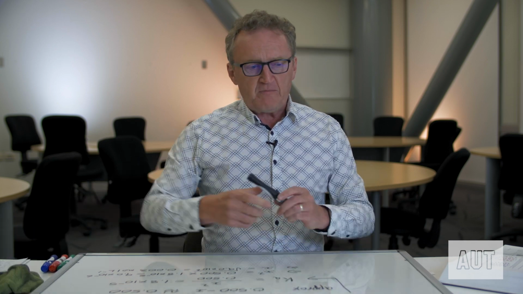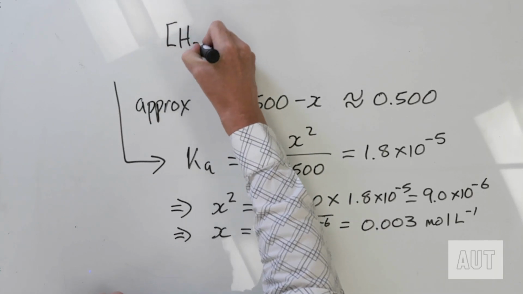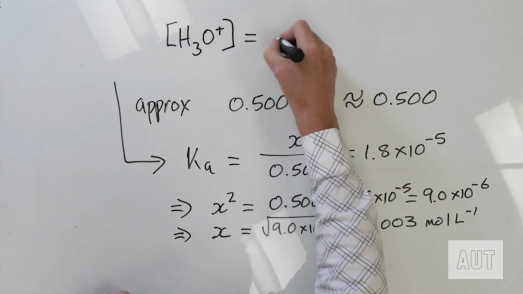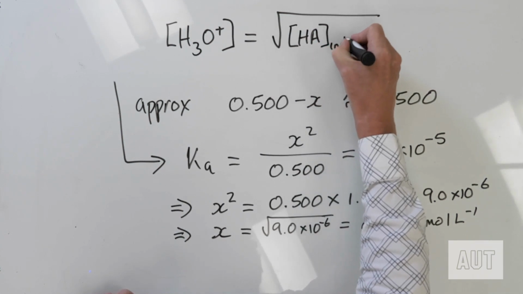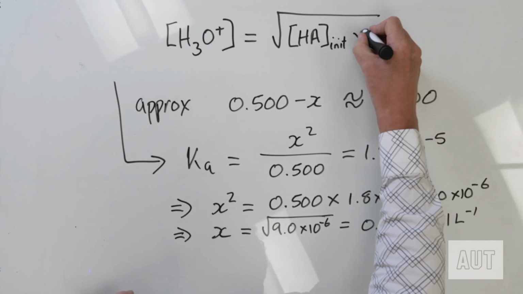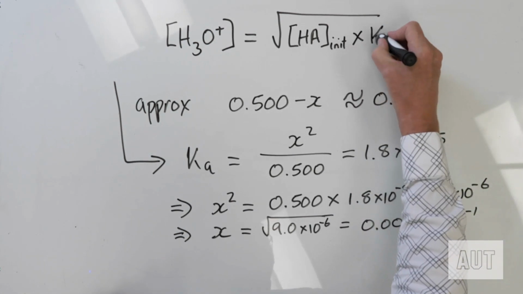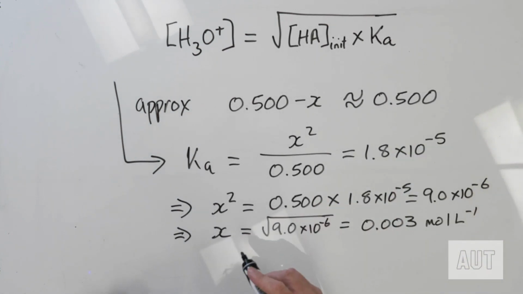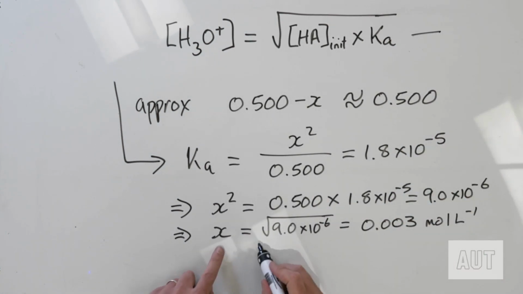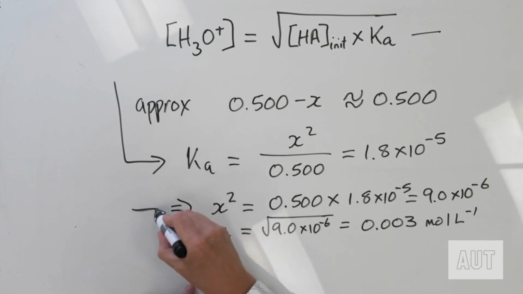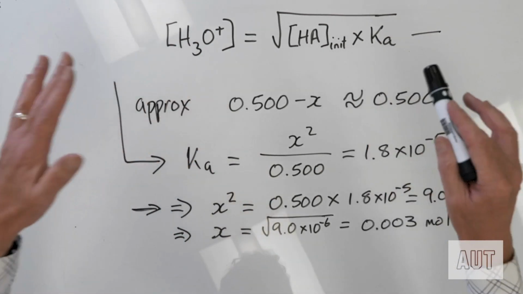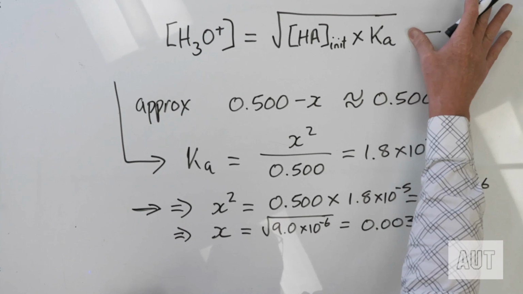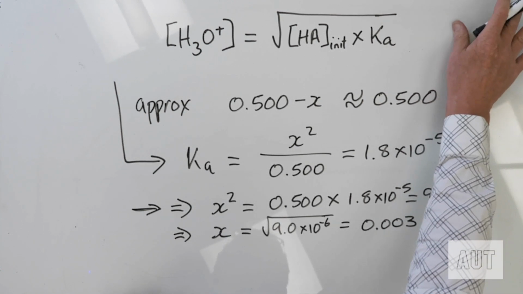And the equation that you can use, which actually comes out of the assumption, is that the H3O plus concentration for a weak acid is equal to the square root of the initial concentration of the acid multiplied by the Ka of the weak acid, okay? And this equation here is, in fact, exactly what we have down here. It's exactly the same thing, okay? So you could remember that equation, you could do the quadratic, or you could make the approximation, okay?